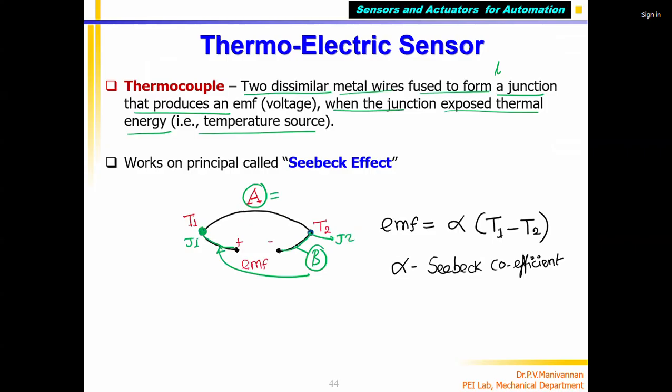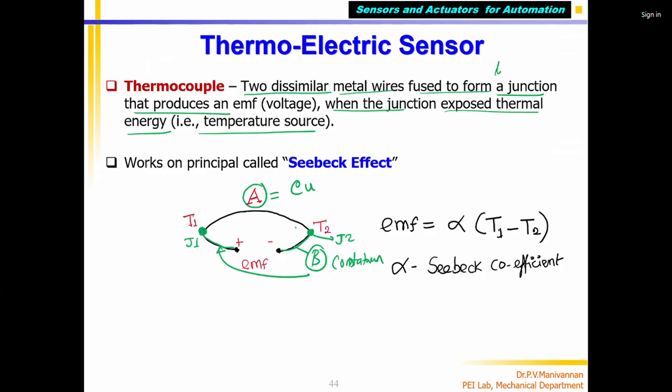For example, this is Cu, a copper wire, and the B material is constantan. Two pieces are constantan. One piece has two ends. One end is fused with the copper. Similarly, the second constantan is also fused. So I form two junctions. Now this is called a thermocouple.